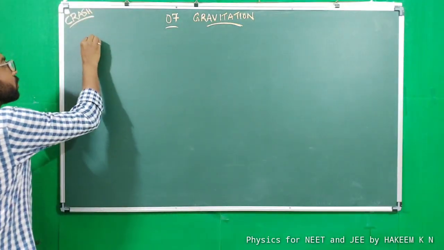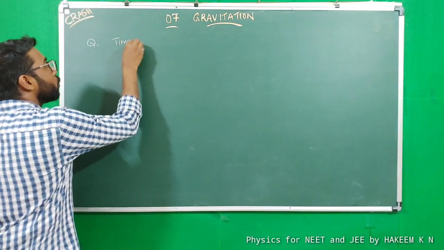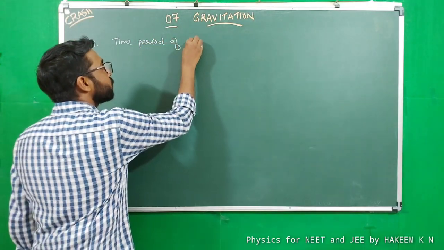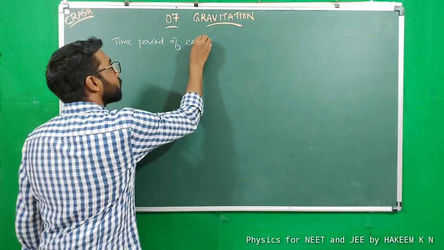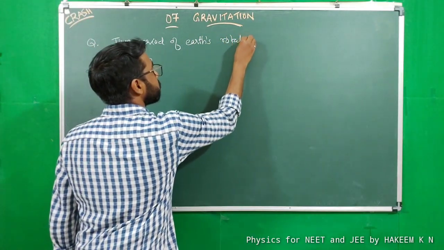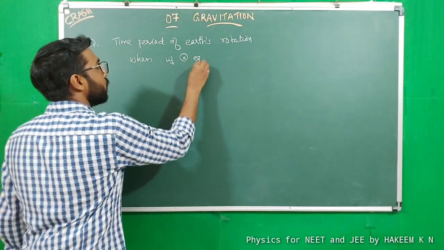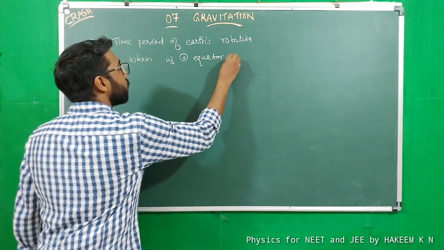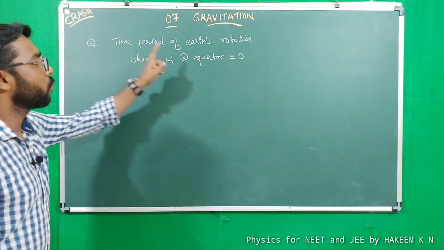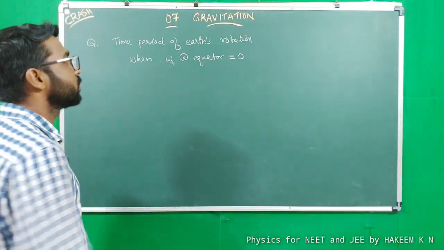So I am calculating the time period of Earth's rotation when the weight of a body at the equator becomes zero. That means the body just flies off.